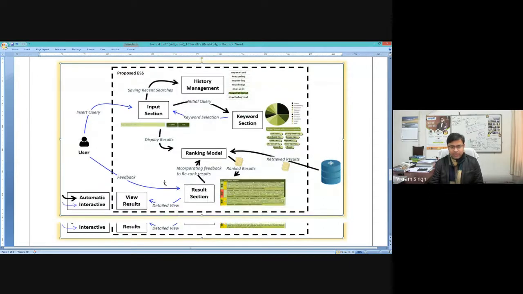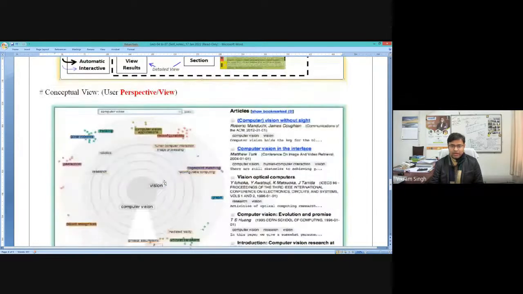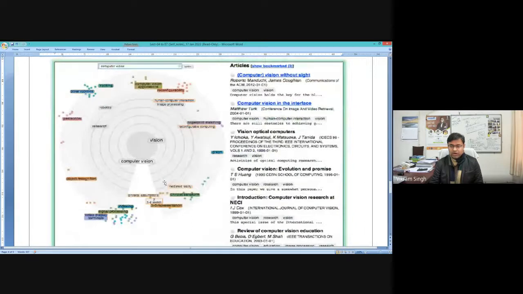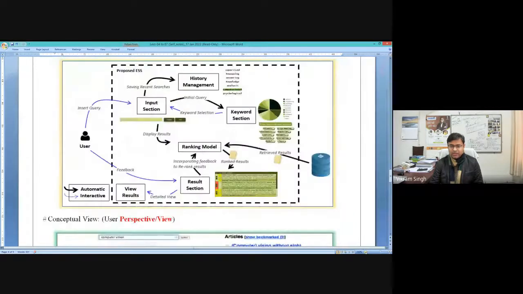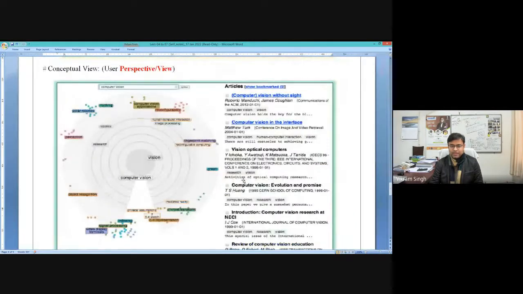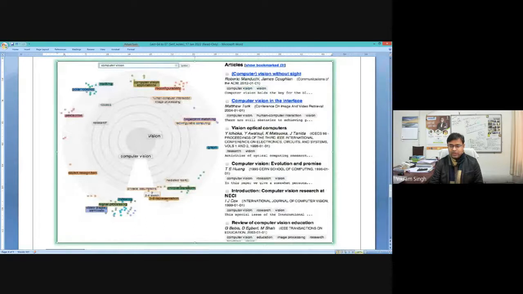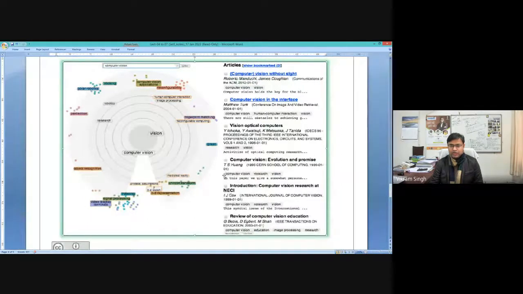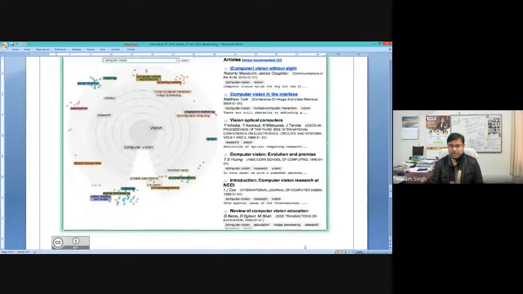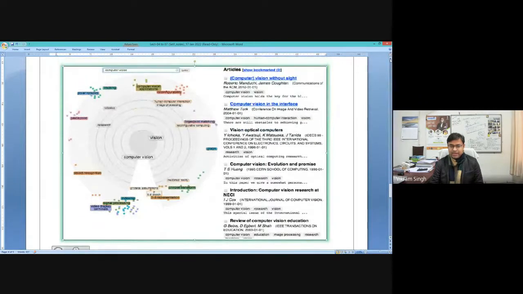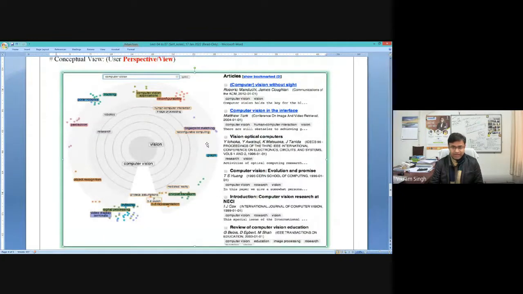Now, the very next point of view is using or operating a search system as a user. What we are emphasizing in this diagram is again a different system, not the same as the previous one.